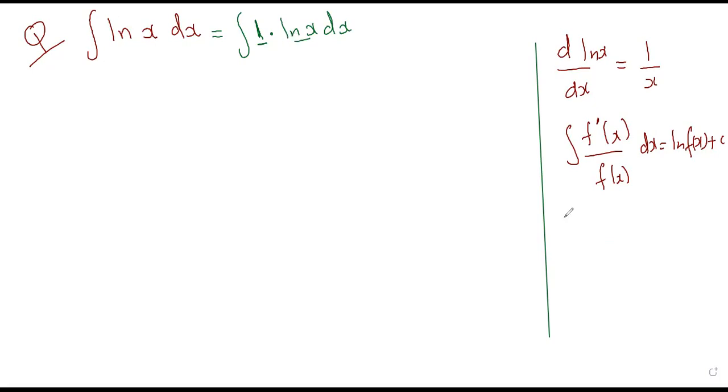And I agree, one is not a function of x, and this method is basically used whenever we have two functions of x, but natural log of x is an exception. In mathematics, we do the integration of natural log of x by this method.